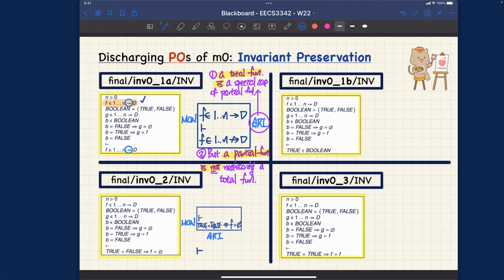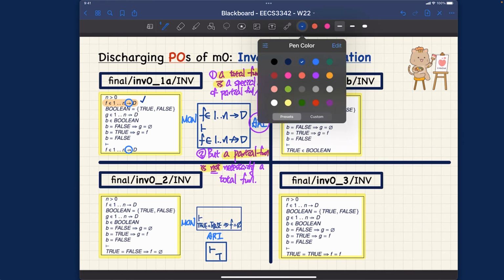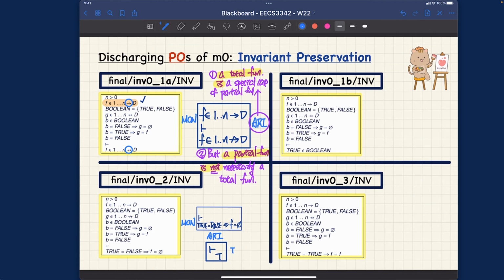Turnstile, we just get true. And I'm going to explain with additional details why we can reduce this to true. You can think about this as following the arithmetic. And finally, since we got a goal being true, we can say true appearing to the right of the turnstile. So it's now proved.